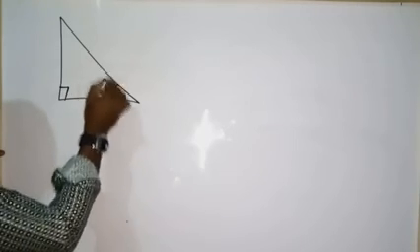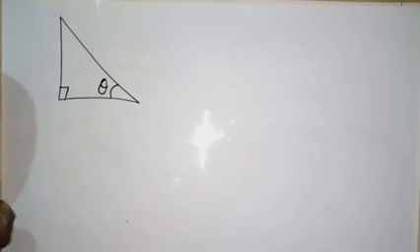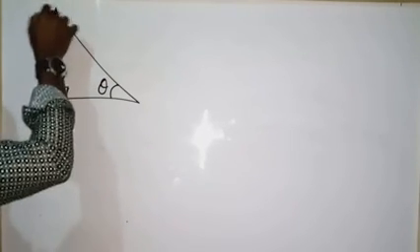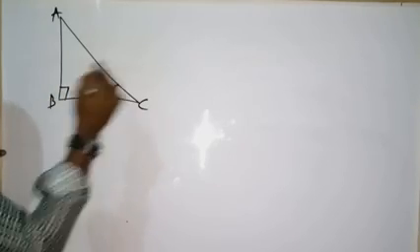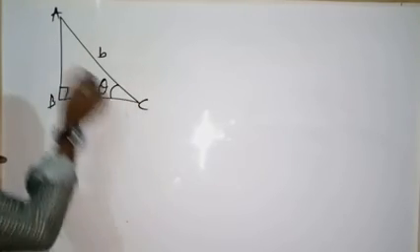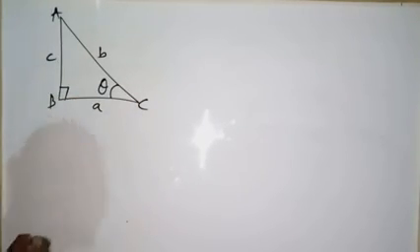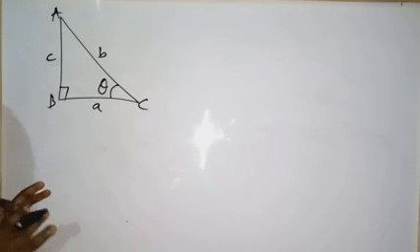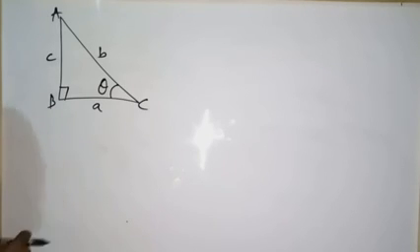Say in this place, I call this one angle theta. And let's label this ABC. And let's also label this one BCA. Now, I want to identify the opposite and adjacent before we move on to applying the trig ratio.